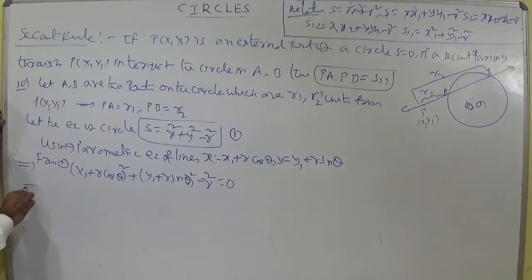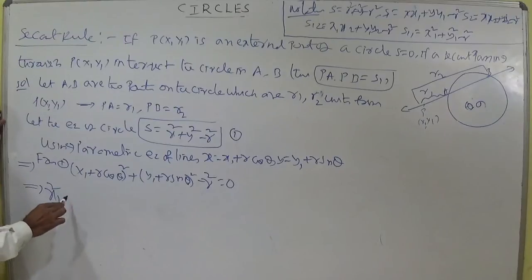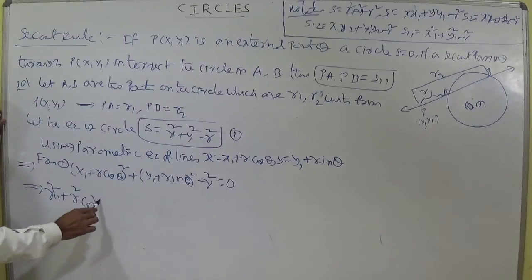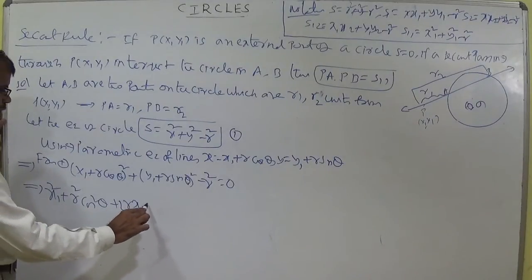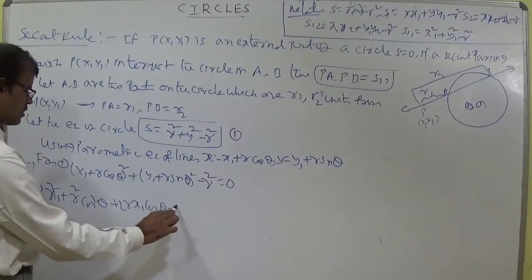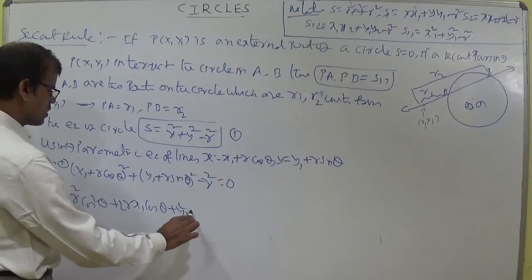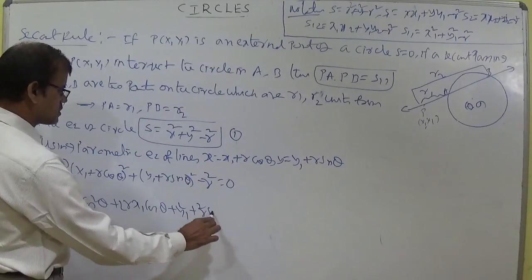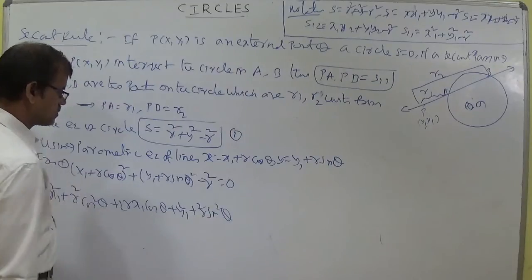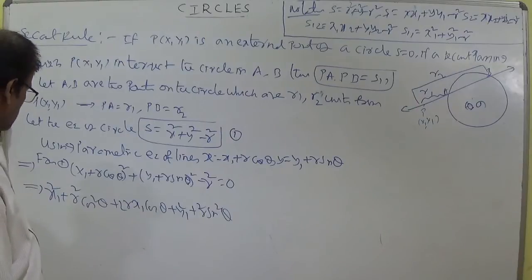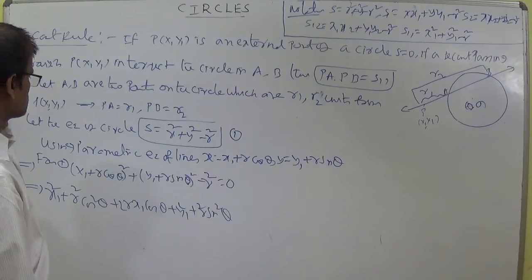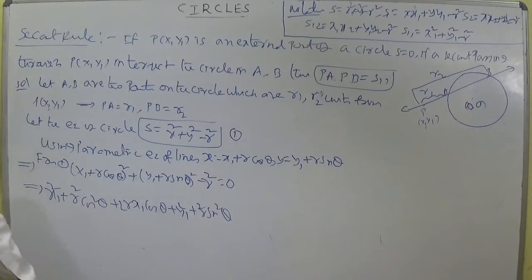That implies x1 square + r square cos square theta + 2 r x1 cos theta + y1 square + r square sin square theta. Better to take a different letter, since this is also r, so x1 square + y1 square is equal to a square we can take.